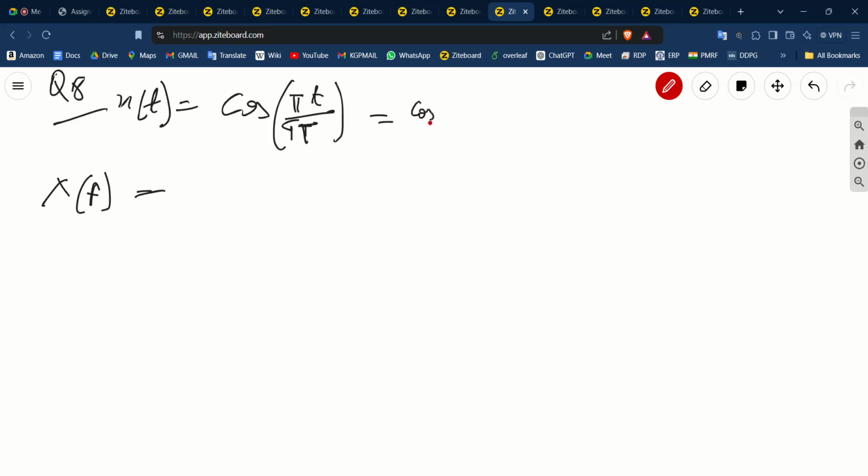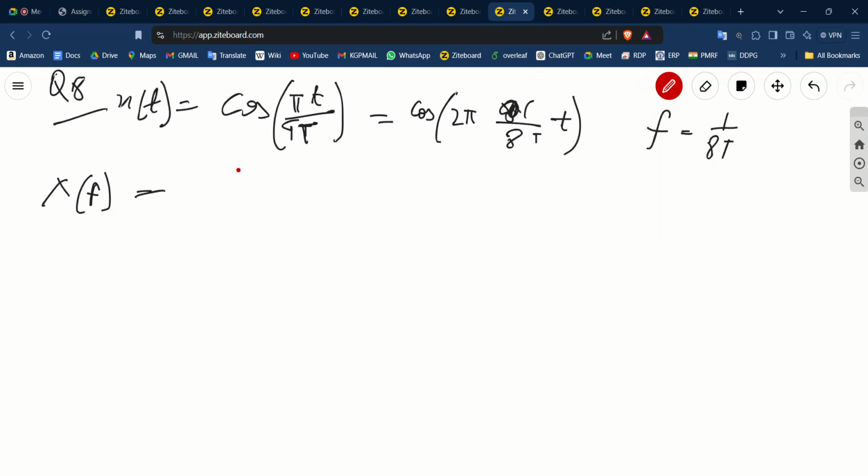cos 2 pi. We will first express it in the standard form, 2 pi times 1 by 8T into t. So here the frequency f naught equals 1 by 8T. So cos 2 pi f t. So what will be X(f)?